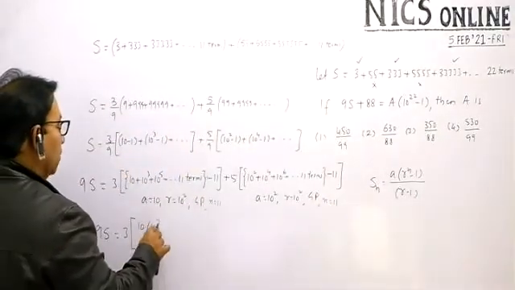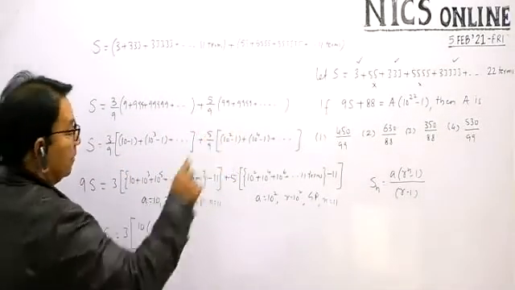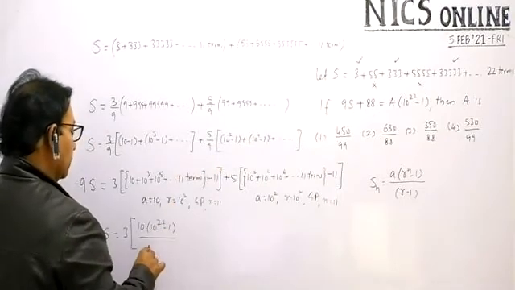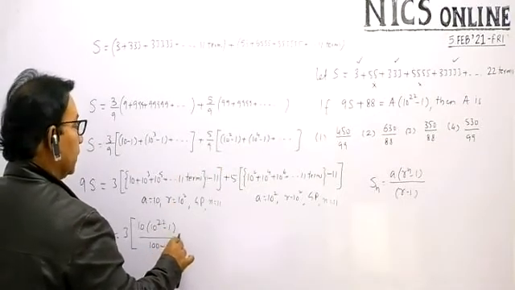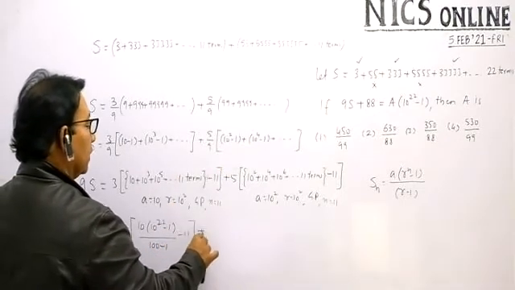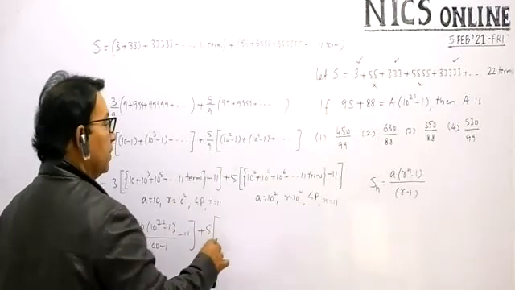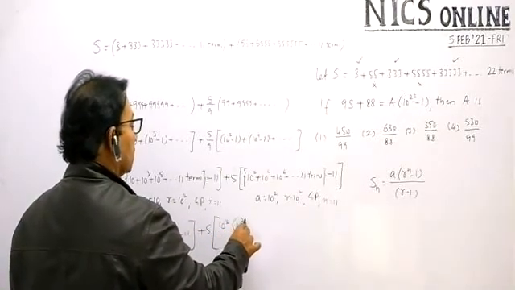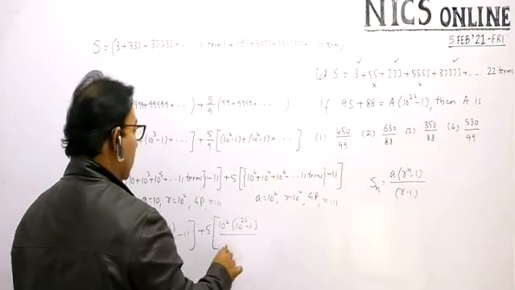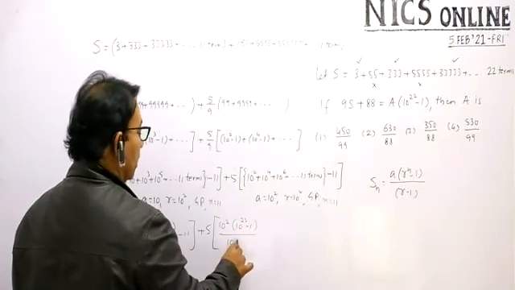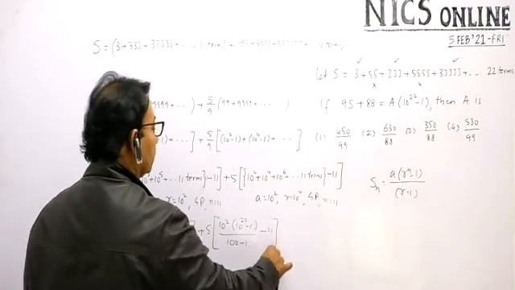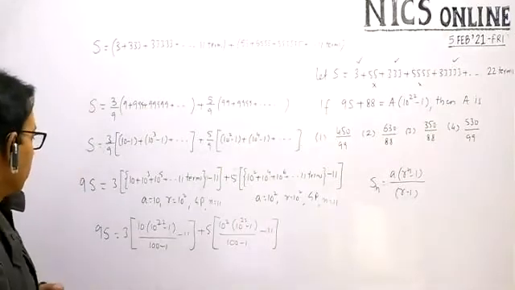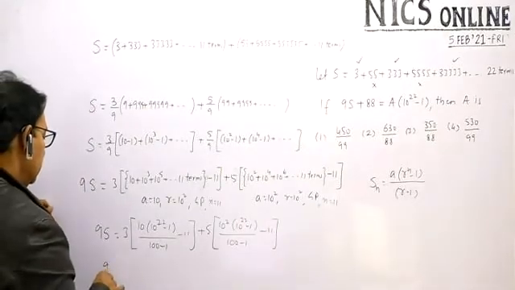This would be a to the power 22, what a relief, because answer में 22 आ रहा है. r minus 1 would be 100 minus 1, this is minus 11. This would be 5. The first term is different here, 10 to the power 2, first term 2 हो जाएगा, minus 1 divided by common ratio is 100 minus 1, minus 11. उसको थोड़ा separate कर लेते, this is 9s.